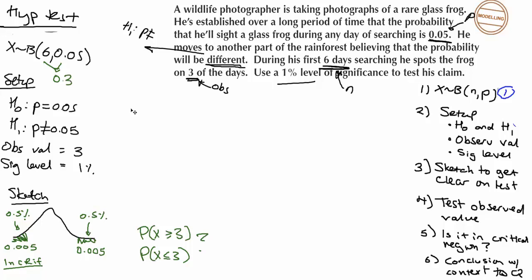Of these 6 days, because the probability is so small, we would expect to see it on 0.3 of a day, so not even a full day. So if this is 0.3 here, 3 is going to be somewhere on this bigger side. So it's this one which we want to test, because less than is definitely not going to be on that side.